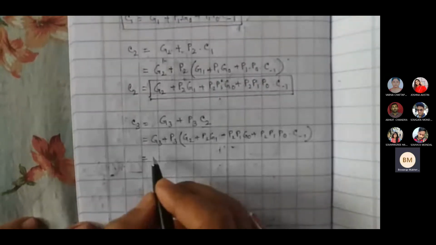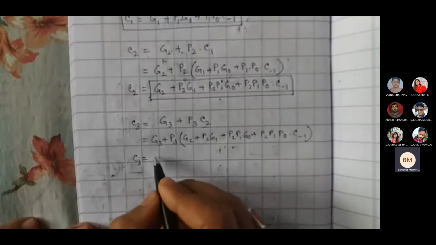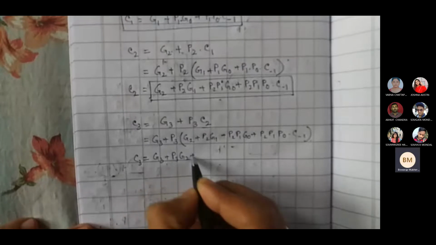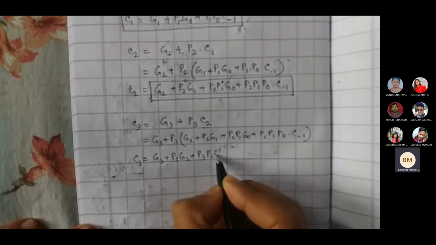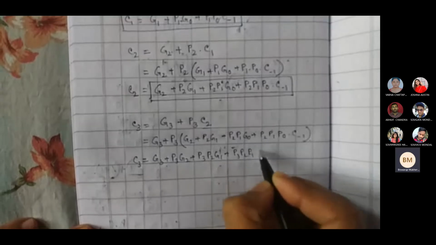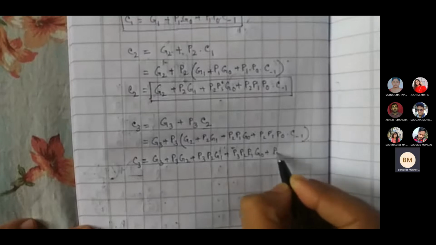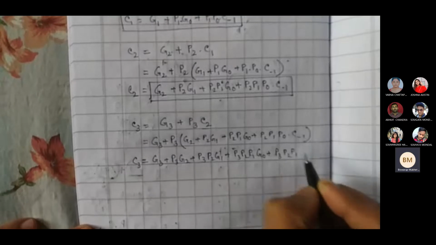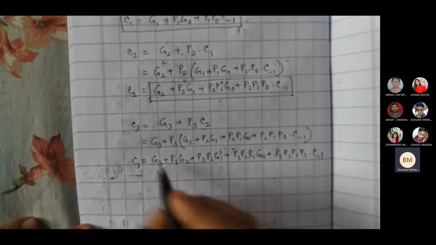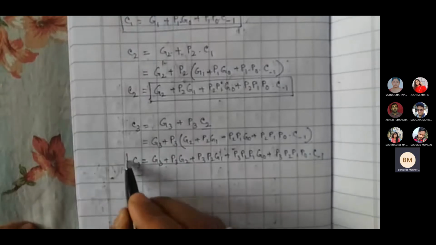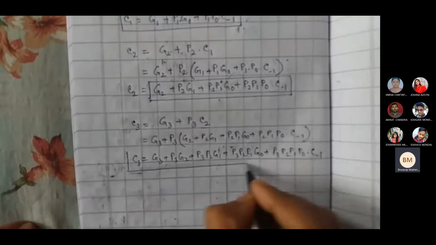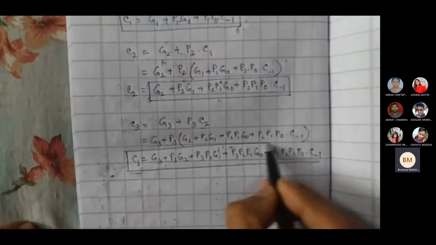So you can write it down, C3 is equal to G3 plus P3 G2 plus P3 P2 G1 plus P3 P2 P1 G0 plus P3 P2 P1 P0 dot C minus 1. This is my C3 value, okay, and so on.